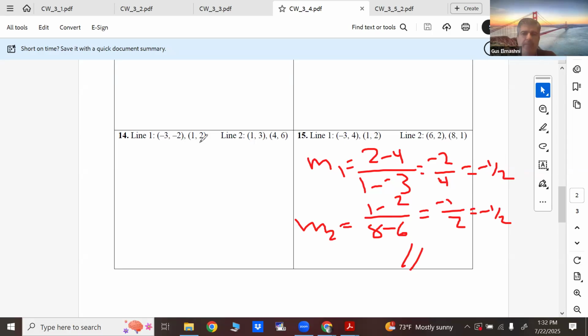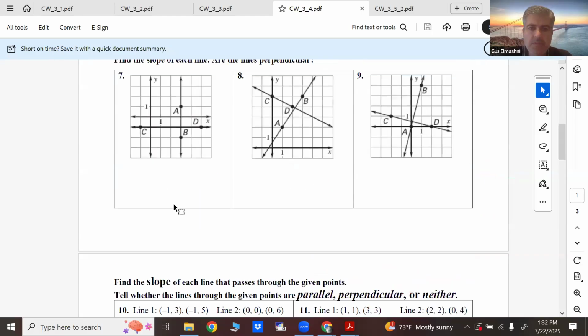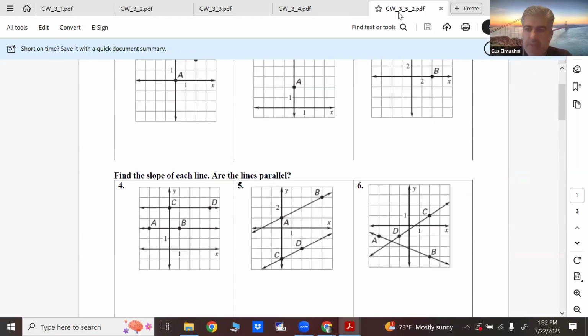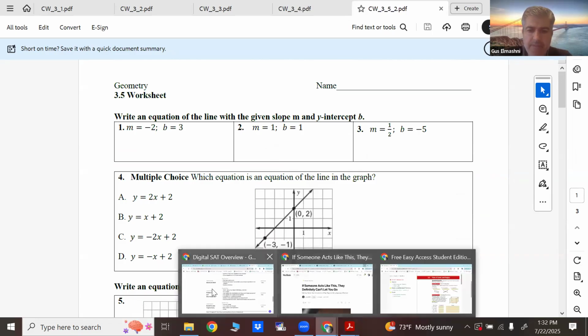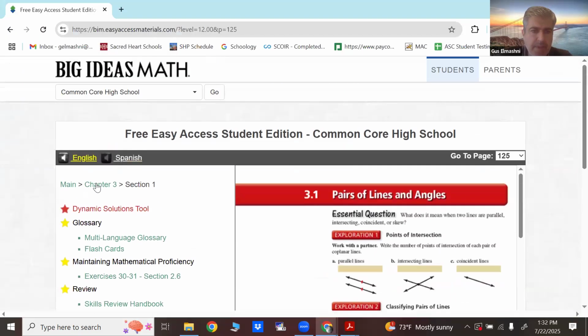So did those make sense? Yeah, so just go through the calculations and all's good there. That's the last one here. And let me make sure it's consistent with the textbook.